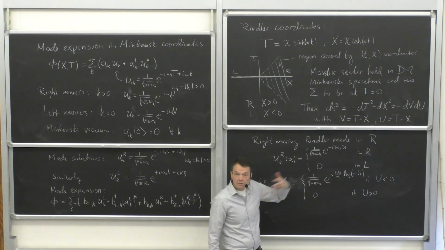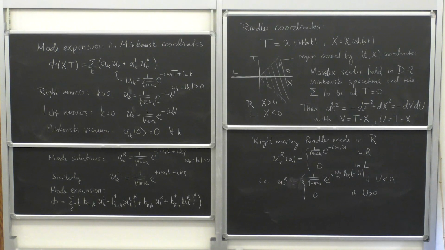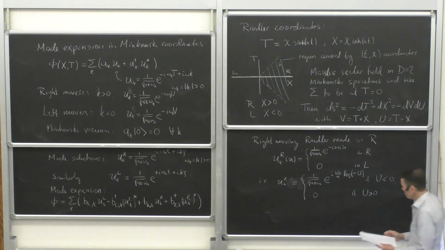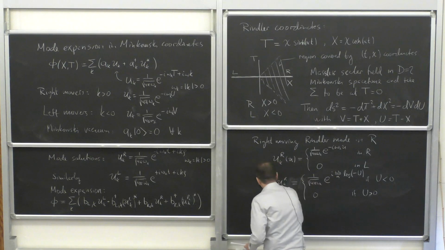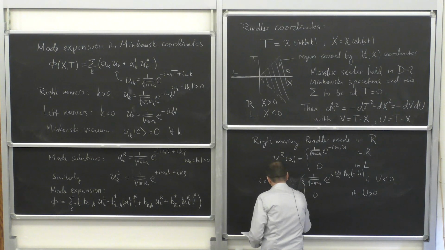We can do the overlap integral and calculate the Bogoliubov coefficient. It's basically the same integral as yesterday, and we'll get the same answer. But I'm not going to do it that way. I'm going to show you another way, which is how Unruh actually did this originally.